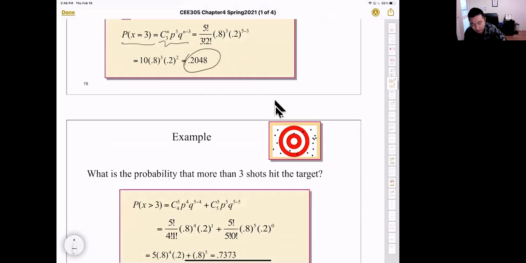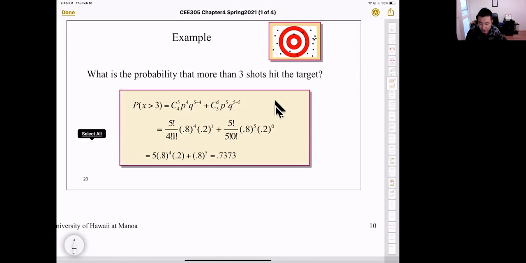If the question is asking the probability more than 3 shots hit the target, so more than 3, including 4 and 5. Nothing more, because the total shot is 5.